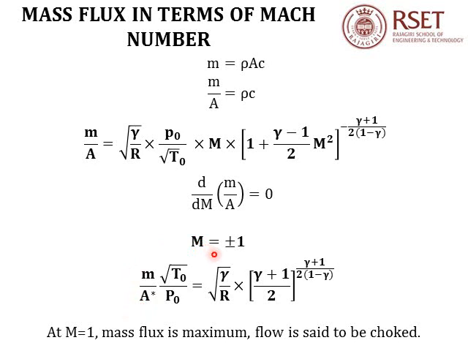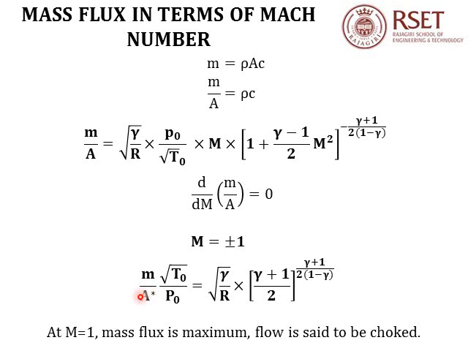So this equation corresponds to the maximum mass flux equation. Here, the mass flux becomes maximum if the cross-section area is minimum. So we can also infer that when the mass flux becomes maximum, the Mach number becomes equal to 1, and that is obtained at the point of least cross-section area.